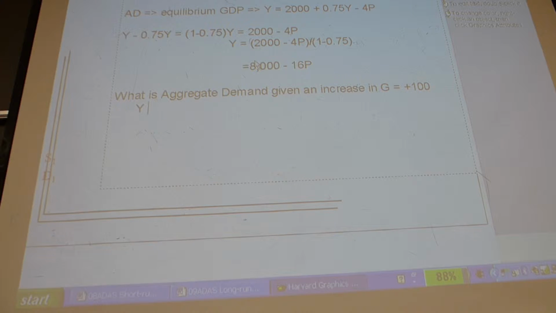So now y, in our case, is 2,000 plus 0.75y plus, I'll stick in here 100, minus 4p. And this, of course, is going to be 2,000, I'm just going to stick it in like this, plus 100 minus 4p divided by 1 minus 0.75.